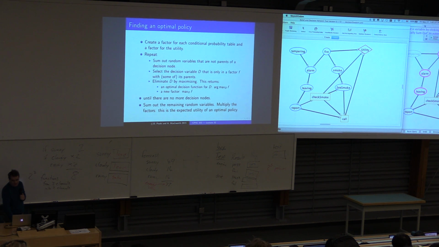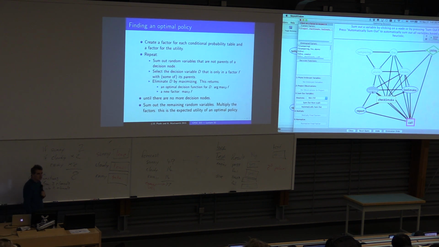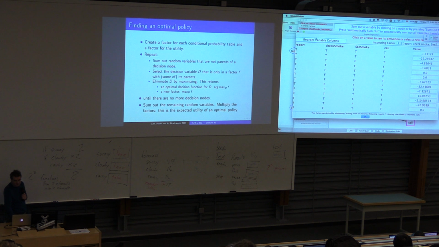They're the only parents. Okay, so you can sum out fire, right? We can sum out alarm, we can sum out smoke, we can sum out leaving. And if you look at this, we end up here, and this is just the normal variable elimination from before. We end up with this table here.